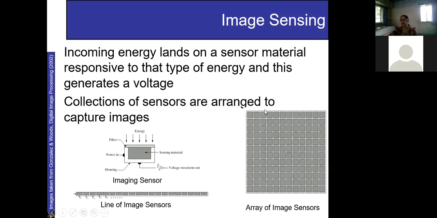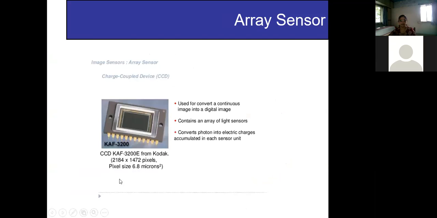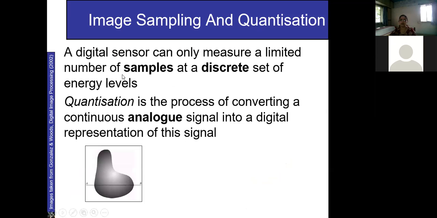The placement and size of these sensors decide the spatial resolution of the image. How the signal is sampled depends on the actual sensor placement and its size. This spatial resolution is a term related to image sampling.